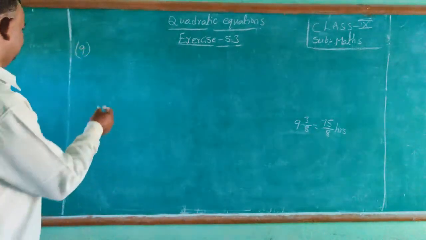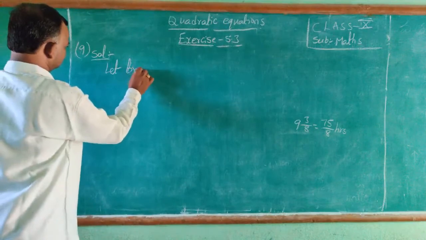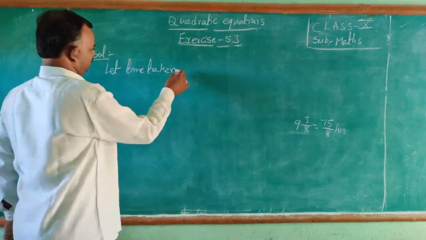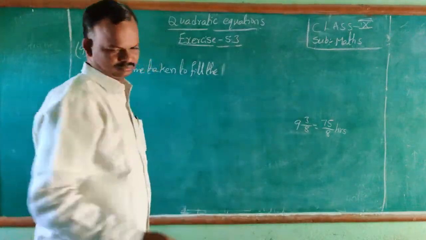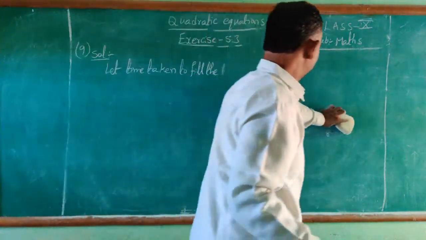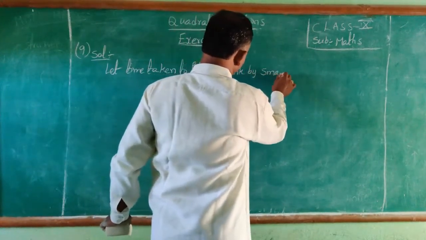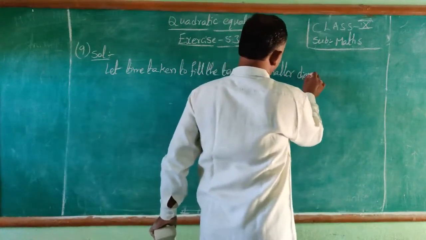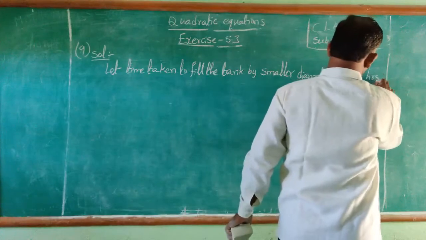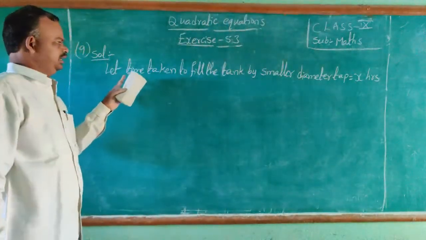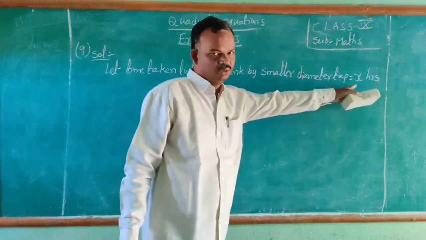Solution: Let the time taken to fill the tank by the smaller diameter tap be equal to x hours.